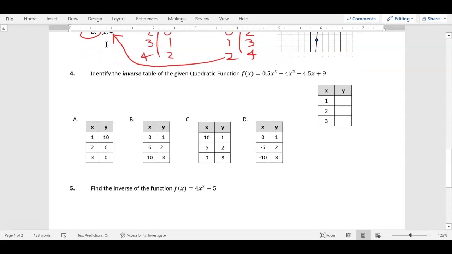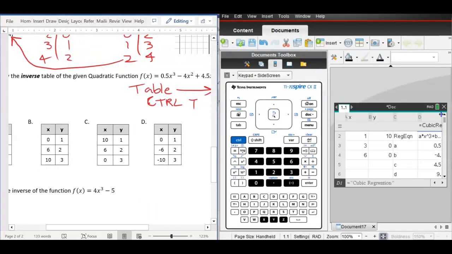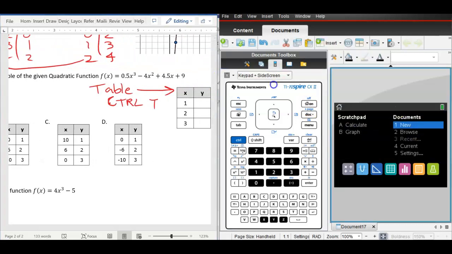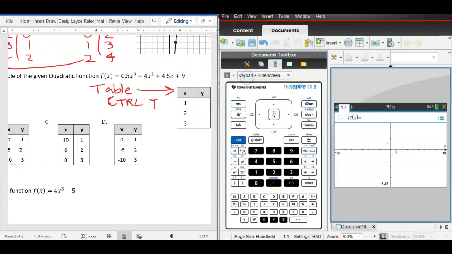Now, with this one, I need to get a table first. So I'm going to do graph and then Control T. Let's do that. Go to my calculator, go to graph.